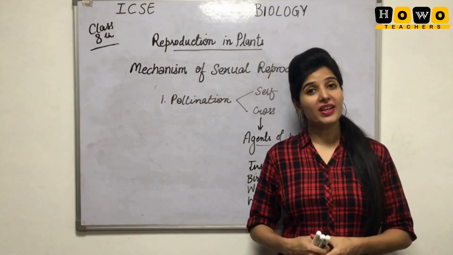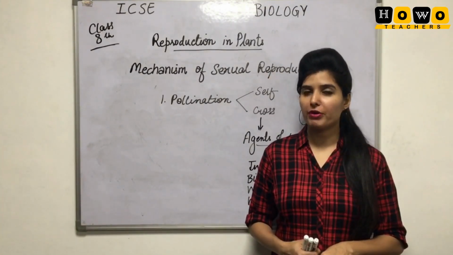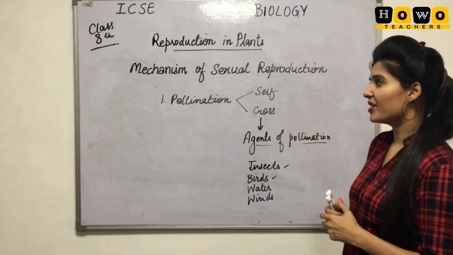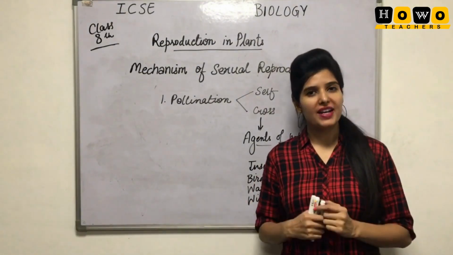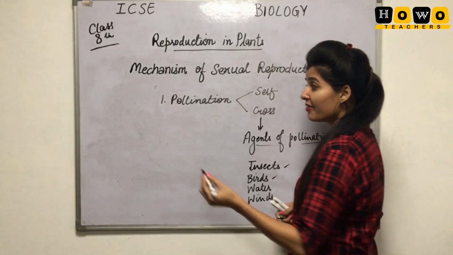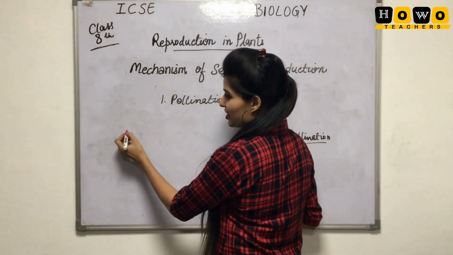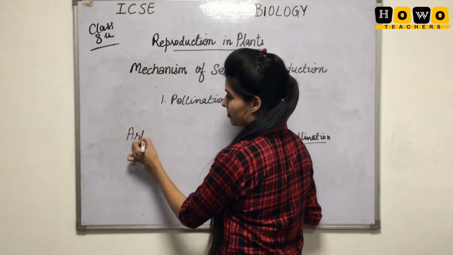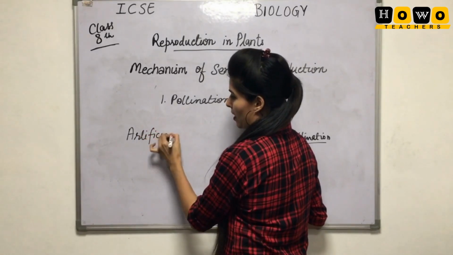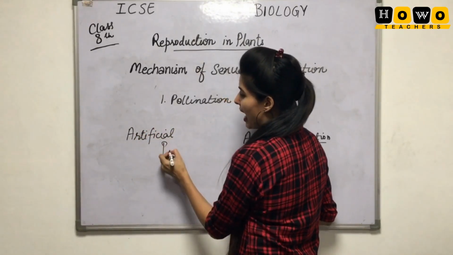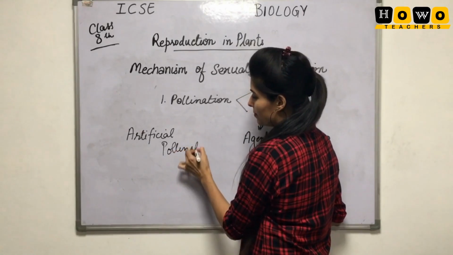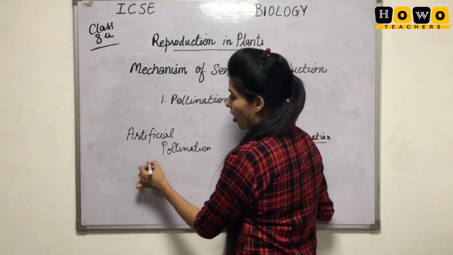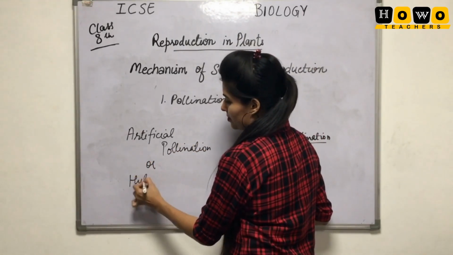Students, pollination can be of one more type. All the types that we have seen up till now were natural, but artificially also pollination can take place, and that is known as artificial pollination or hybridization.